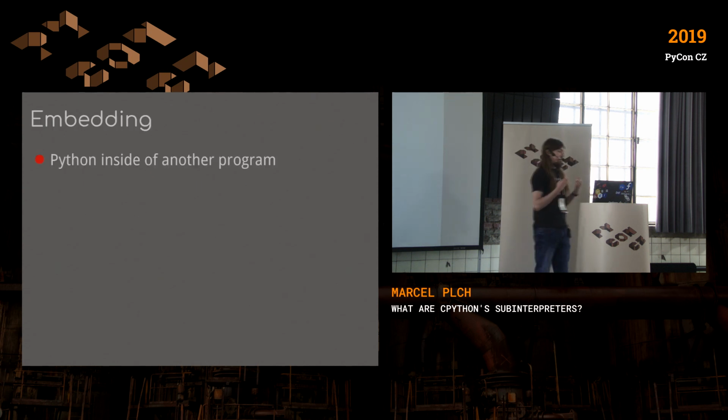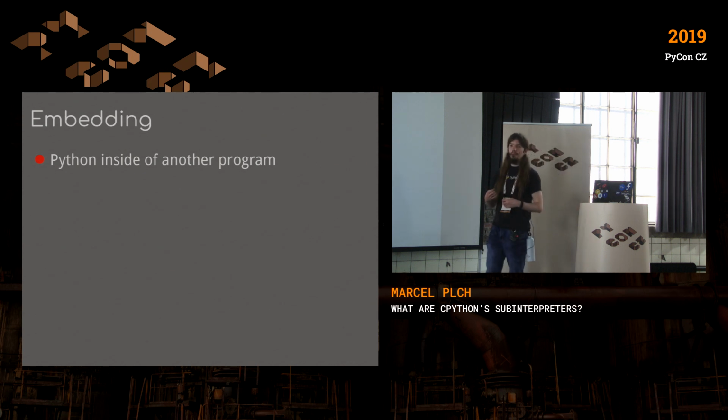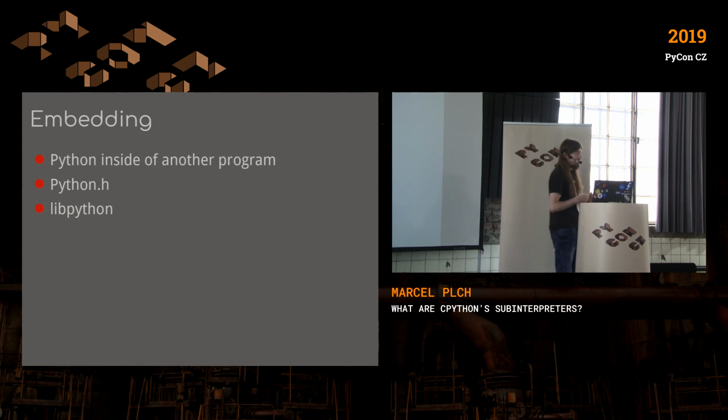When embedding Python, you run the CPython interpreter inside of your own application, in your program. So basically, when you write the application in C or some other compiled language, being able to link against C libraries, you can use the shared Python library and the python.h to communicate with the Python interpreter and use its capabilities.